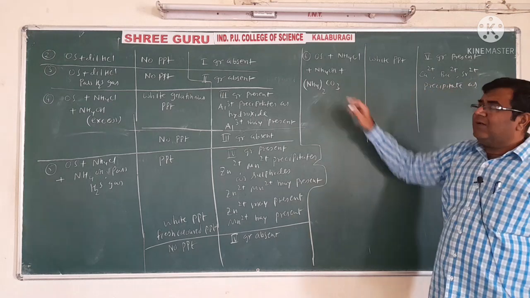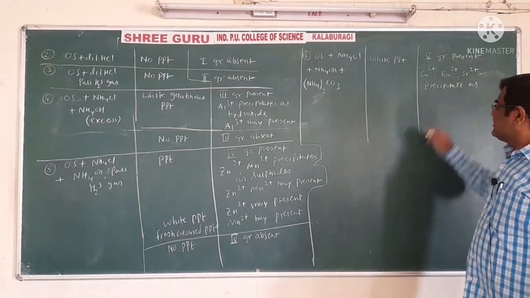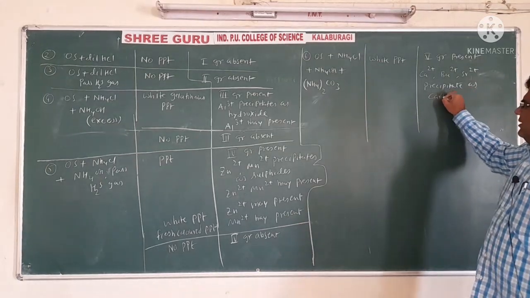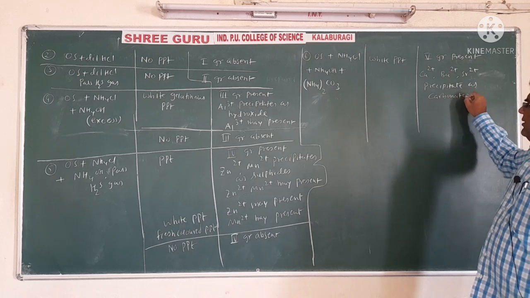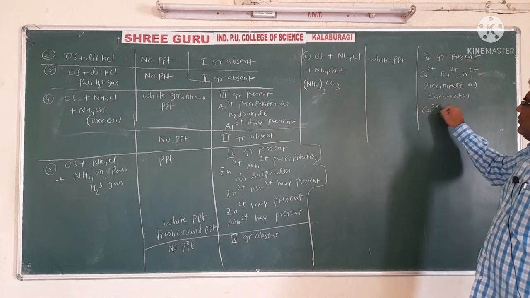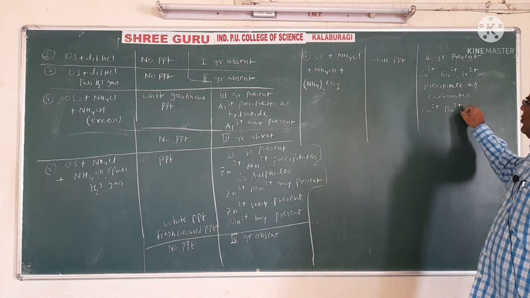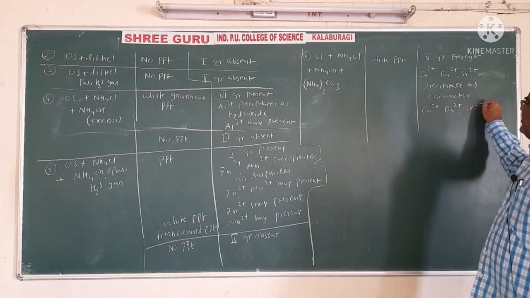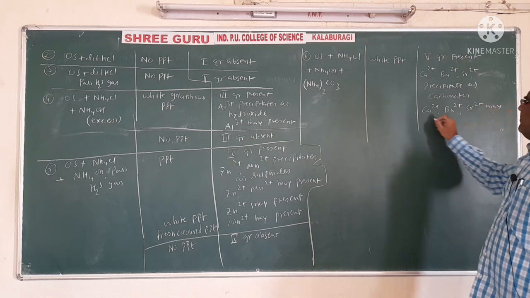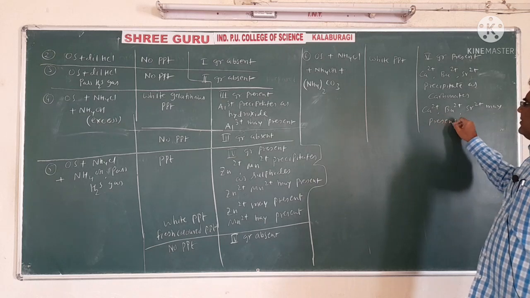As we added ammonium carbonate at last, they precipitate as carbonates, and we have to say Ca2+, Ba2+, Sr2+ may present.